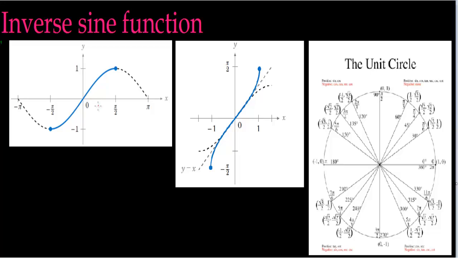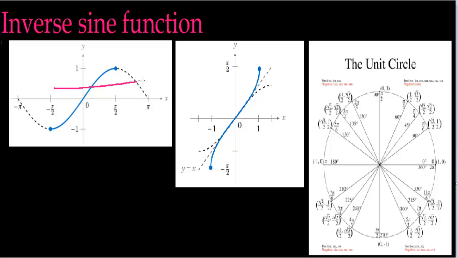And remember when we were looking for inverses and we had a graph, the test we had to do in order to know if the inverse was also a function or not? The horizontal line test. We would do the horizontal line test on the function, and that would tell us if its inverse was also a function. So let's do the horizontal line test on this sine function here.